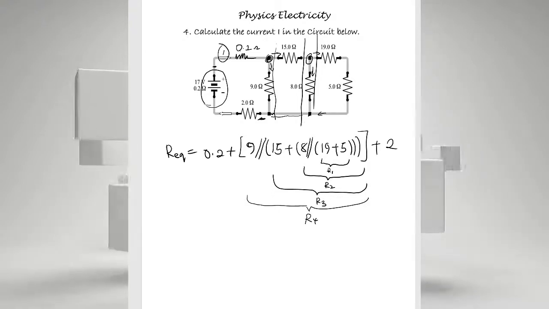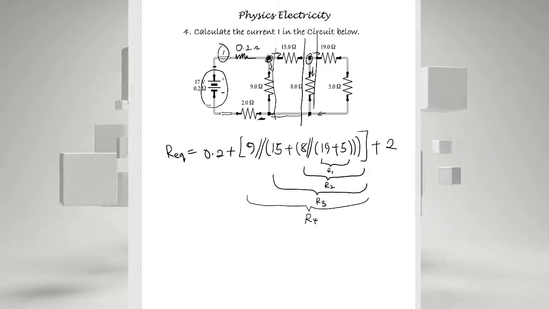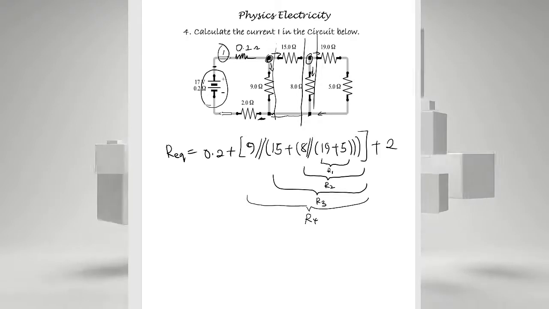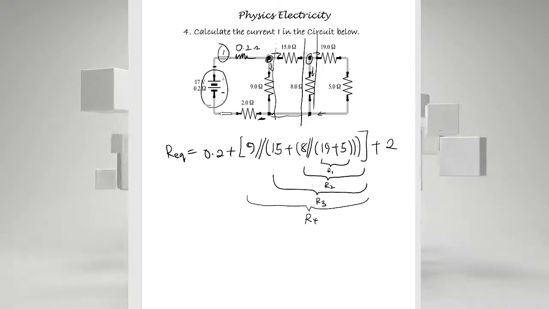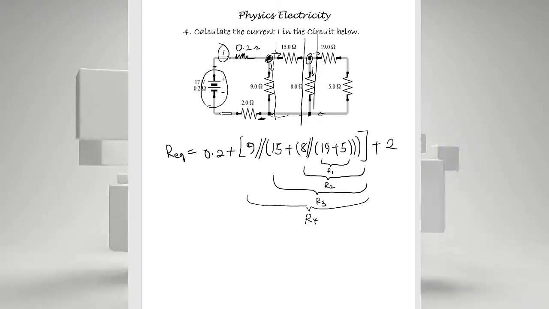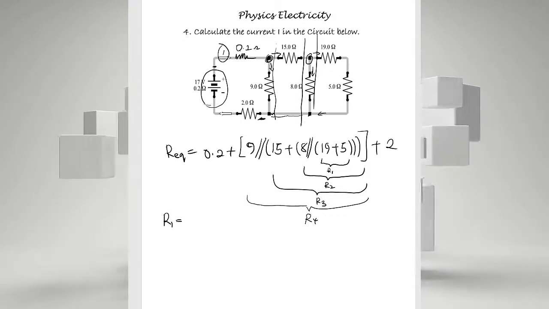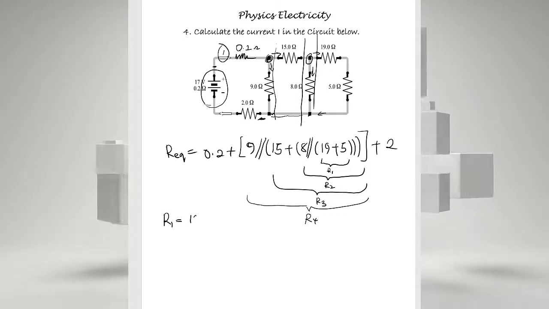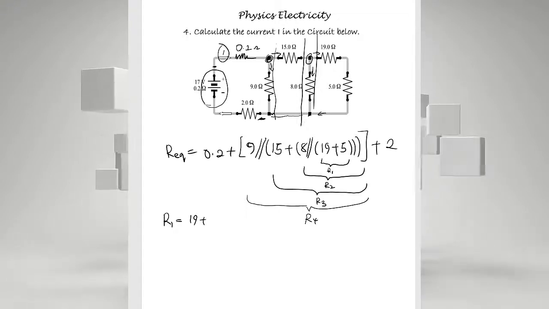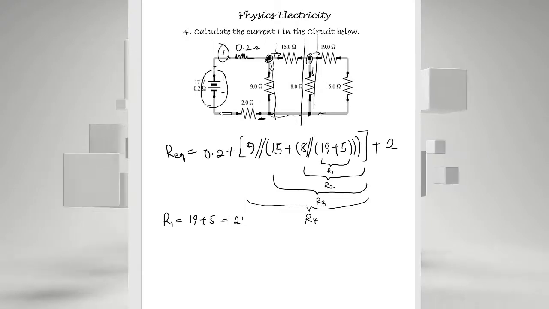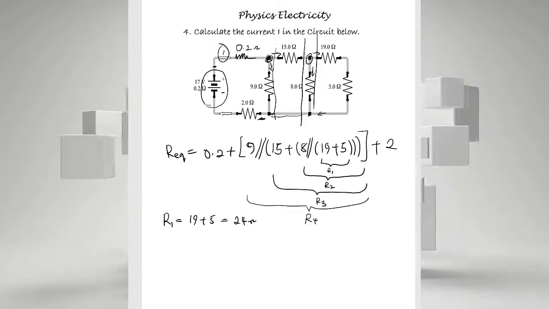Now, let me go ahead from solving R1 to R2 to R3 to R4. R1 will be equal to 19 plus 5, and that is going to give us 24.